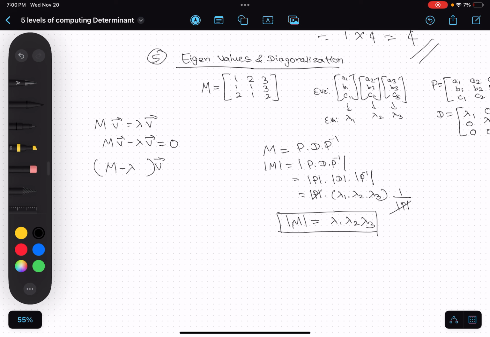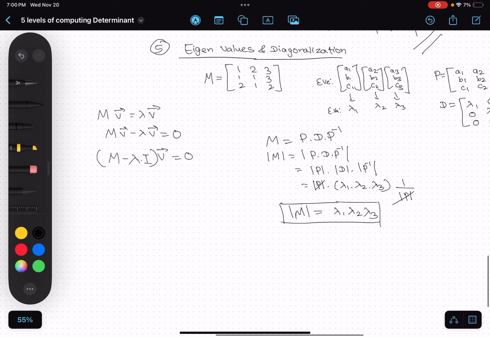But this is a matrix and this is a number. We cannot subtract a number from a matrix. So what I can do is introduce one in matrix form, which is just I, and say that this equals zero.